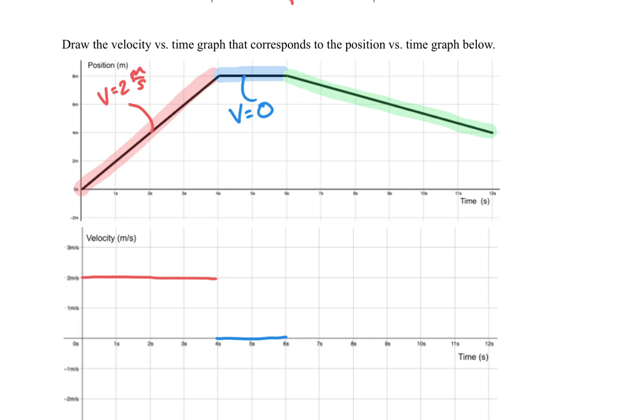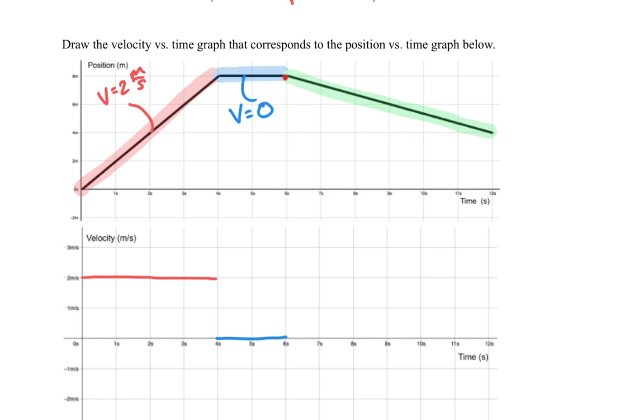All right, let's take a look at our last section here, our green section up here, okay? Now, the first thing I want to realize is that this velocity is going to be negative. How do I know? Because the line is going down. So I look at this and I try to find the slope here. What's the slope of this going to be? Well, rise over run. So he goes 1, 2 meters, right?